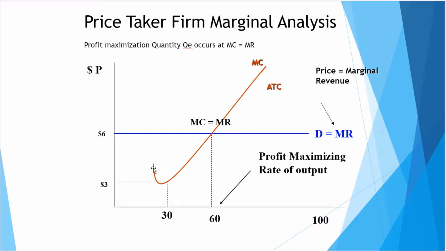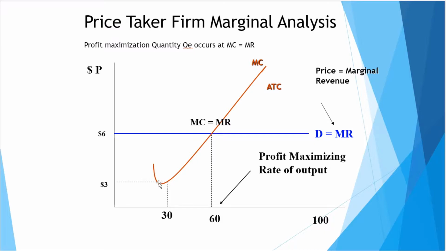This is the marginal cost for this company to produce an additional unit. So how much does it cost to produce that additional 30th unit? It costs $3. As you already know, the marginal cost starts to go down when the firm starts producing units. So when it's producing the 28th unit, it costs them $4.